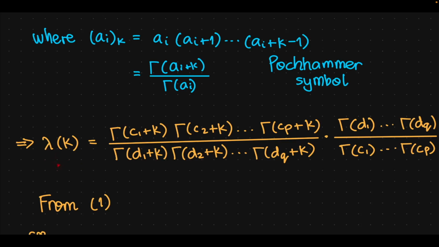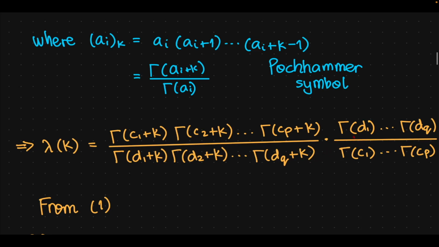So lambda of k equals gamma of c1 plus k, gamma of c2 plus k, up to gamma of cp plus k, divided by gamma of d1 plus k, gamma of d2 plus k, up to gamma of dq plus k, and then just the non-k terms in this second product. So gamma of d1 up to gamma of dq, over gamma of c1 up to gamma of cp.